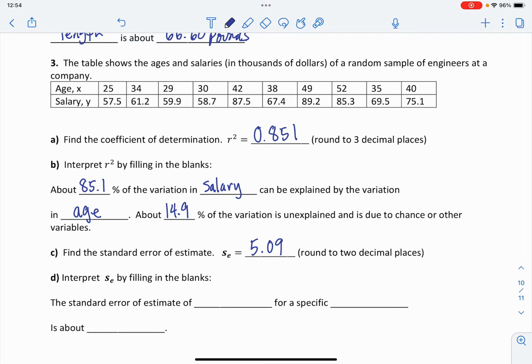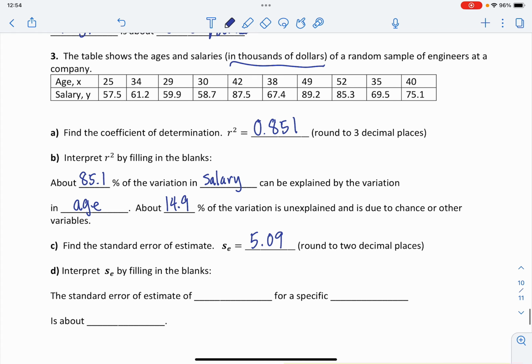The error of estimate is 5.09. Remember, that's a Y value, so that's salary. And that salary is in thousands of dollars, so that's something to note there. So that'll help in our interpretation. The standard error of estimate of Y variable, salary, for a specific X variable, age, is about $5.09.